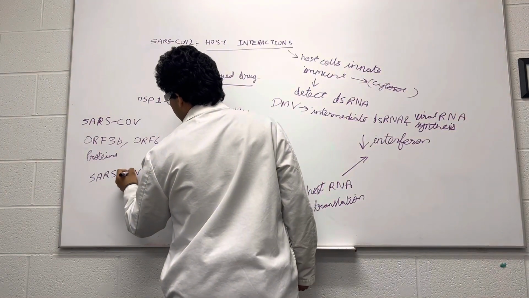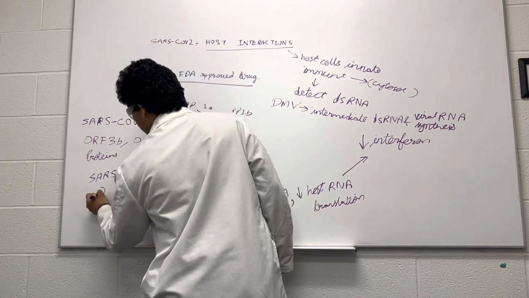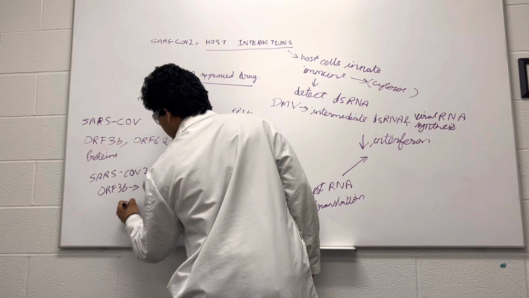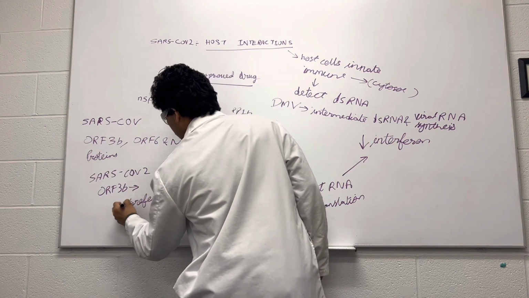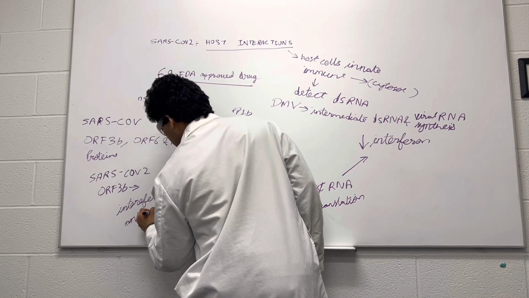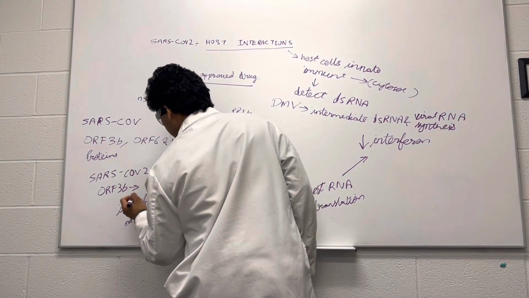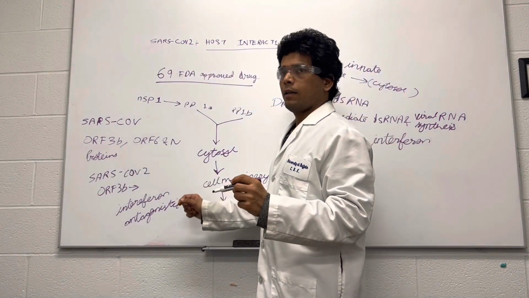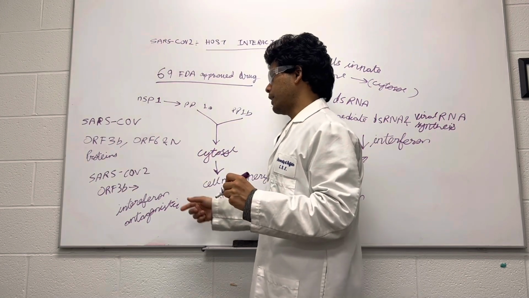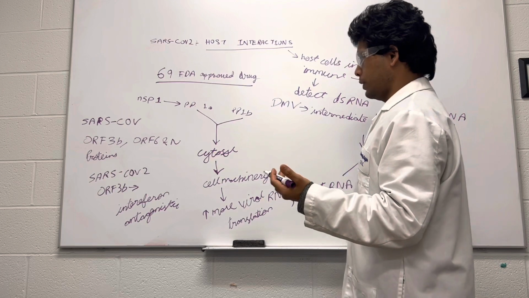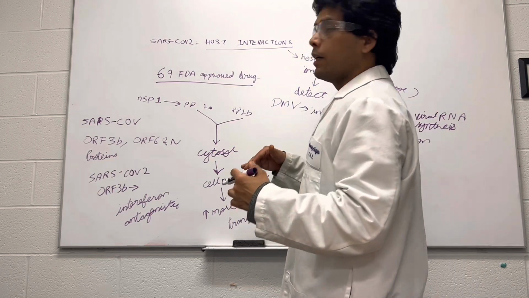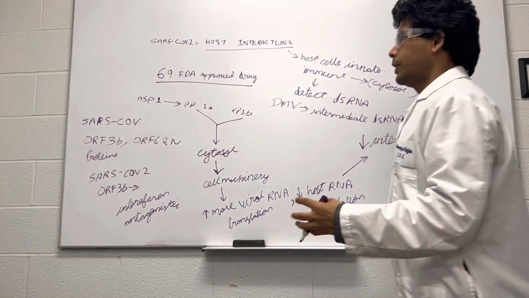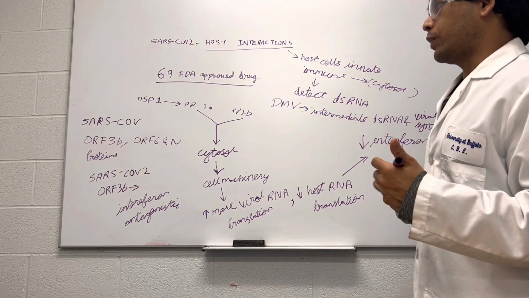People are confident that ORF3b acts as an interferon antagonist. However, this is still under study and has not yet been 100% proved. But people are working on it, and initial results show that ORF3b could be the interferon antagonist in SARS-CoV-2.